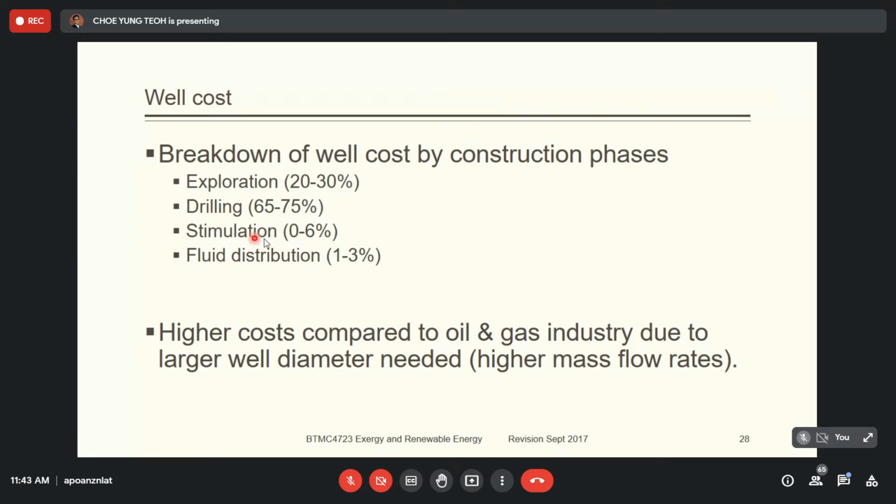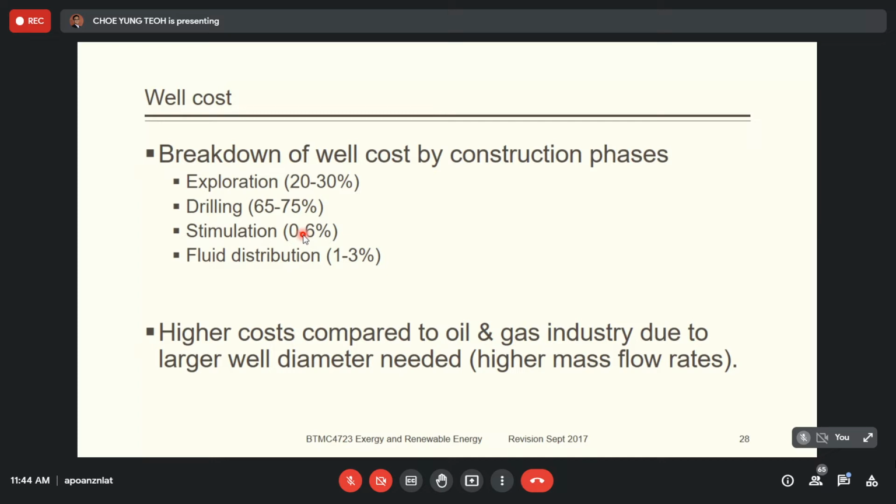And then stimulation. Stimulation is where you stimulate the crack. You create cracks in the rock. This costs about 0 to 6%. 0 means that in some cases you do not need to stimulate. Some rock already has enough porosity and enough cracks, so you do not need the stimulation.